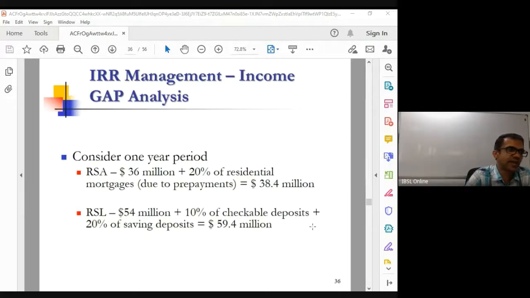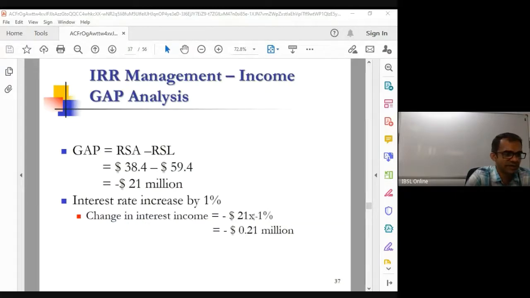So then what is the gap? Rate sensitive assets minus rate sensitive liabilities, you would get a negative figure. You have a negative gap. What does it mean? If you have a $21 million negative gap, you have to borrow 21 million within 1 year period.